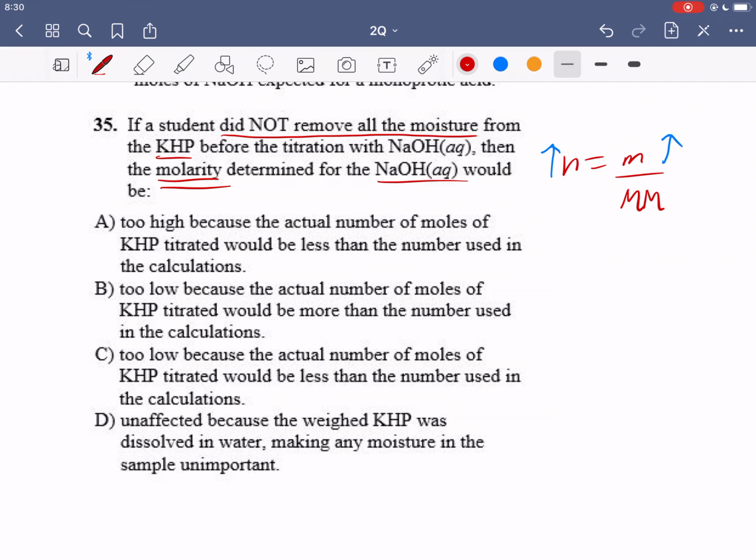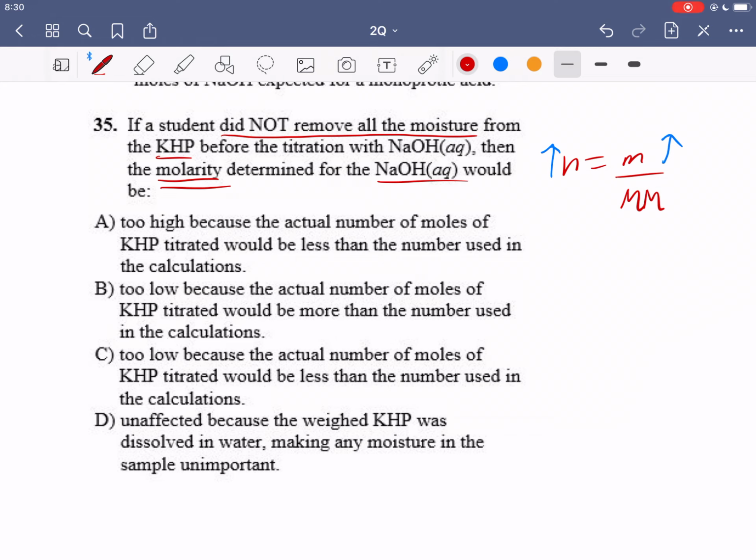But what actually happened is that they were supposed to only use 100 milliliters, and then at that point they would finish their titration because the KHP and the NaOH would have reacted, and you reach the endpoint of the reaction, but they overshot it. They reached the endpoint and then they kept on going because their calculations told them to add more milliliters of NaOH, even though they've already finished the reaction, and now they're messing everything up by adding more of the NaOH. So hopefully that was clear.